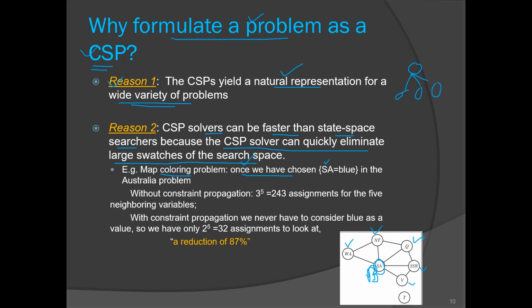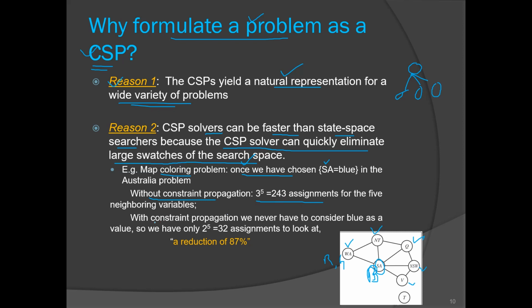So they will have only two colors possible, red and green. Without constraint propagation, every other state, these 5 connected states, will have 3 options: red, green and blue. So if you do the permutation, they will have a total of 3 raised to 5, that means 243 assignments possible.